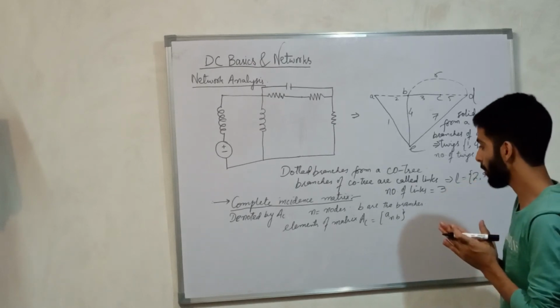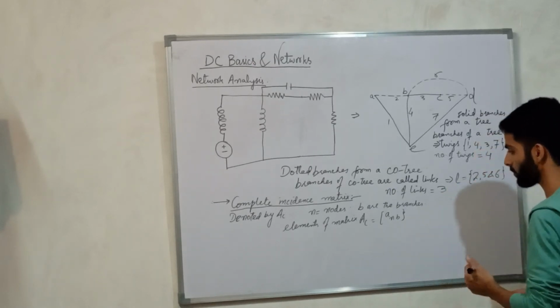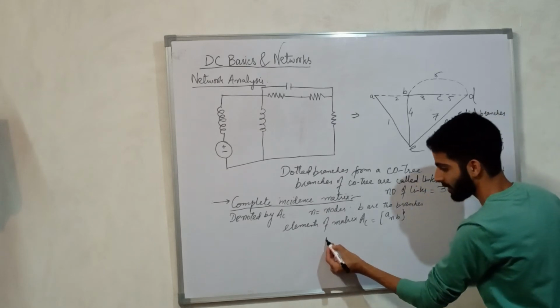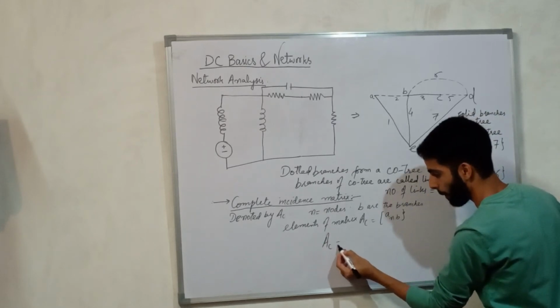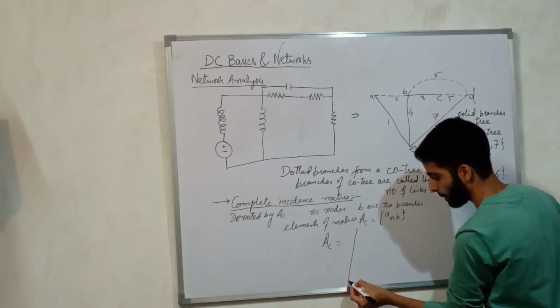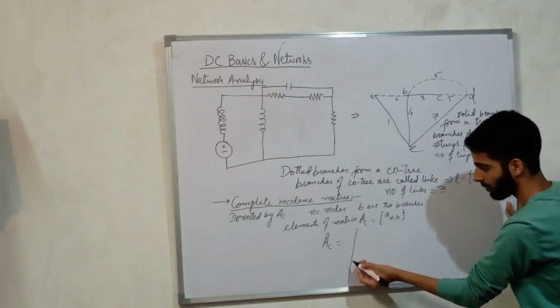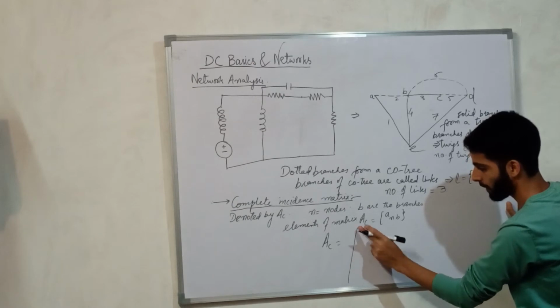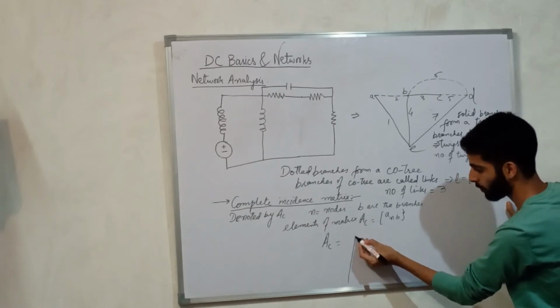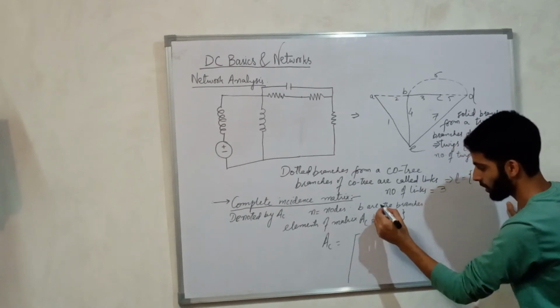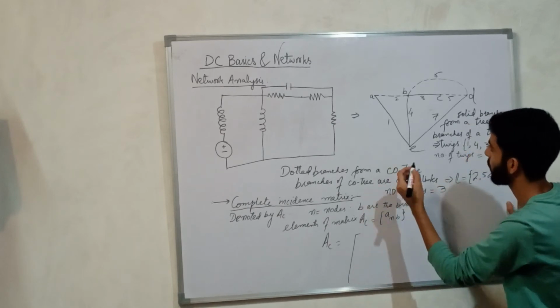So let us try to make this AC here. AC will be like this. Here down we see our nodes. What are the nodes?